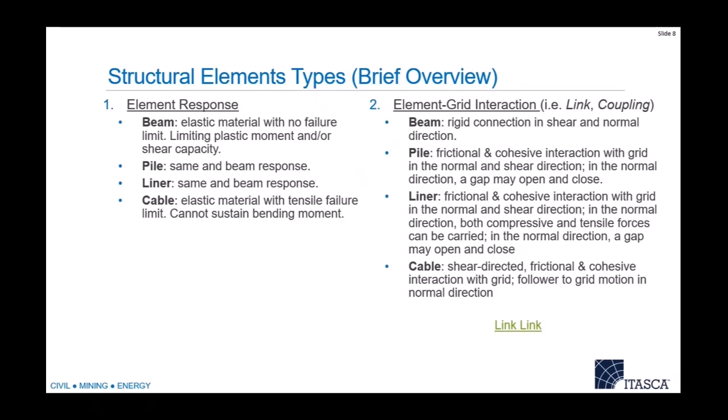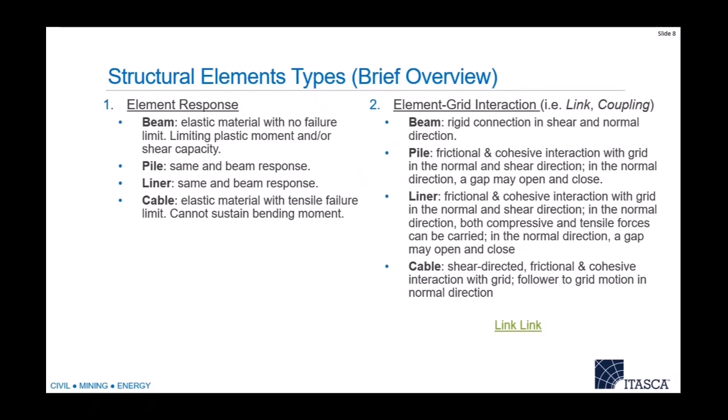Beams come across supporting the load of the soil. So the interaction there is rigid. And it has no deformation laws. It has no cohesion, no friction, anything like that. It's just a rigid attachment.